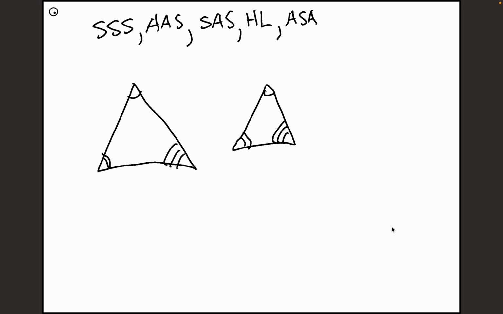No. It's not one of the ones we talked about. Because, look at this. You can even see by the size I drew these triangles. Those sides are different values. The angles are the same. It just gets smaller. But since the sides are not the same, we cannot prove that these are congruent. So AAA does not work.